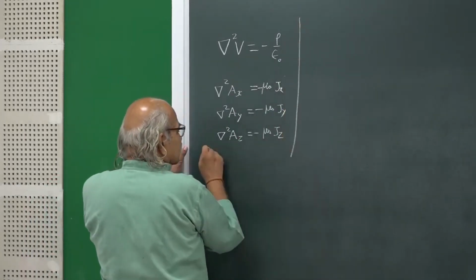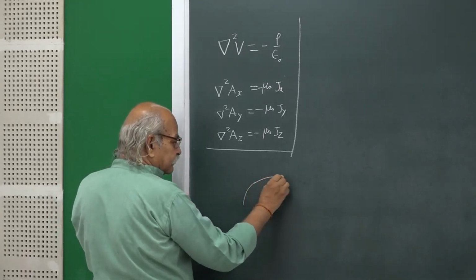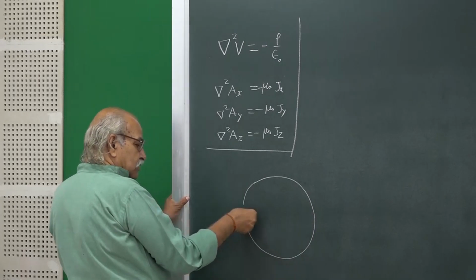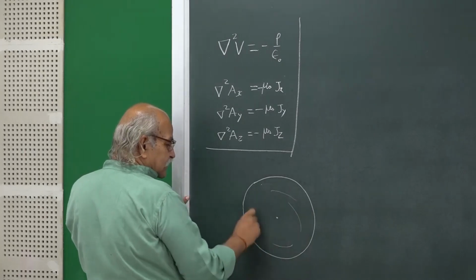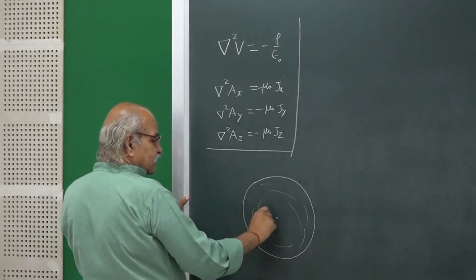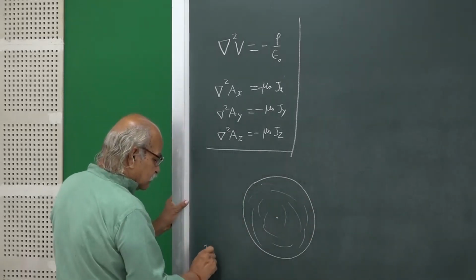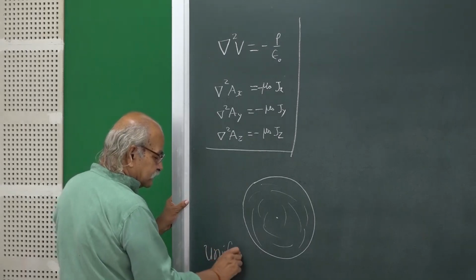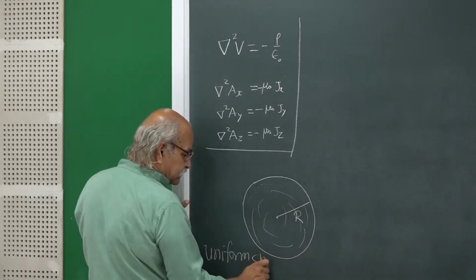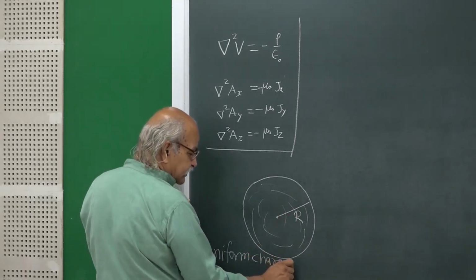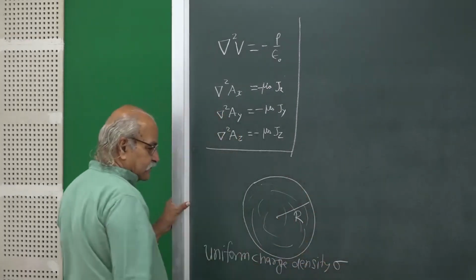And the problem is: you have a sphere, and it contains a constant uniform surface charge density, and that charge density is sigma. Let us say it is sigma.